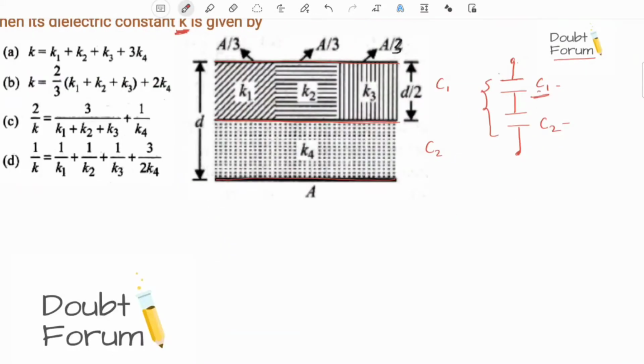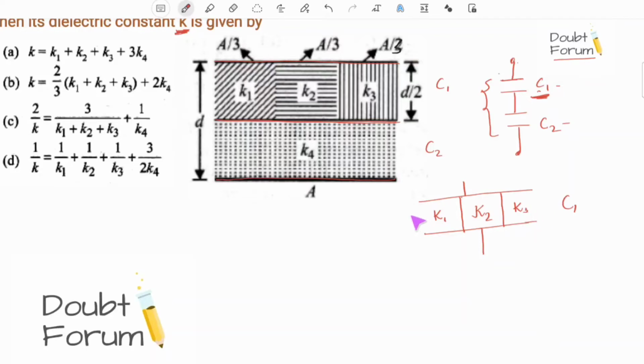So this capacitance C1 has 3 different parts. This is the capacitor C1. The first part is filled with dielectric constant K1. The second part is filled with a dielectric material with dielectric constant K2. And the third part is filled with the dielectric material with dielectric constant K3.